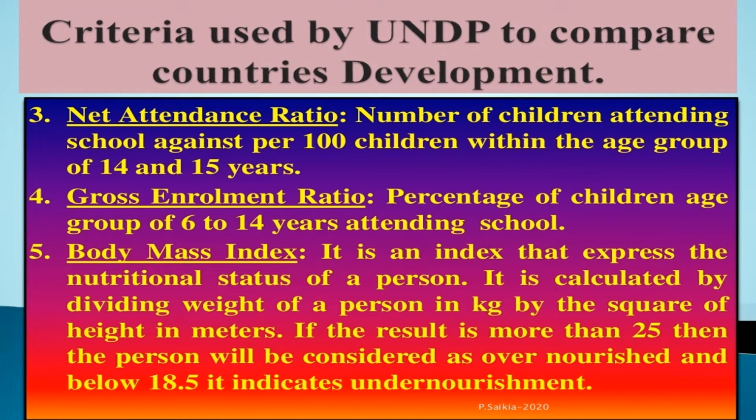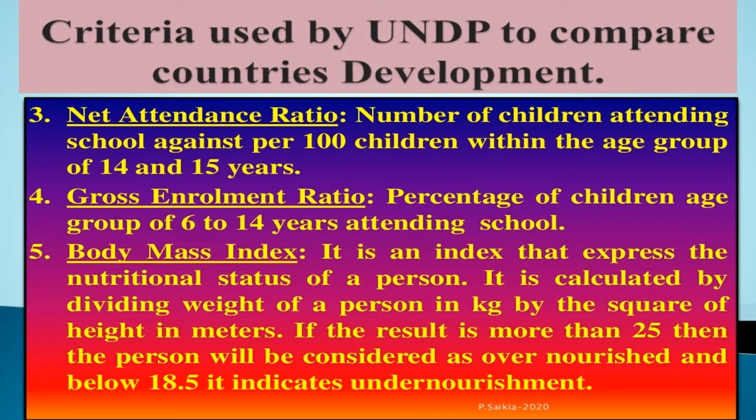The next criterion is your net attendance ratio, which is the number of children attending school against 100 children within the age group of 14 and 15 years who stay at home. Gross enrollment ratio, the percentage of children in the age group of 6 to 14 years attending school. Body mass index, this is a very interesting thing, the BMI.